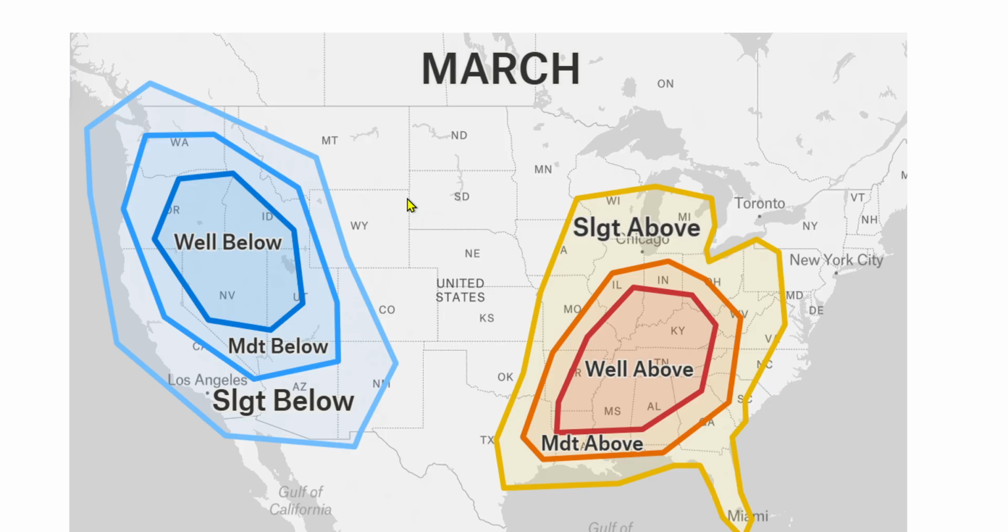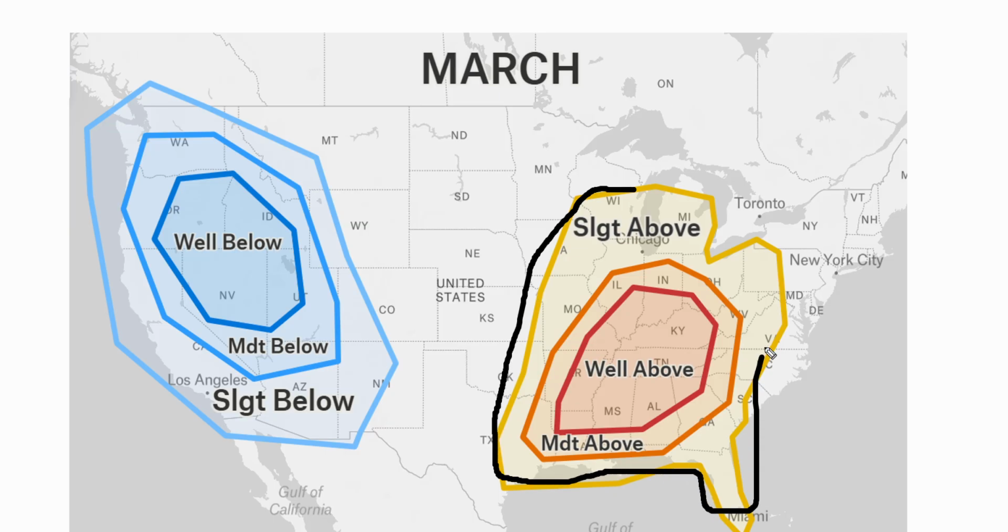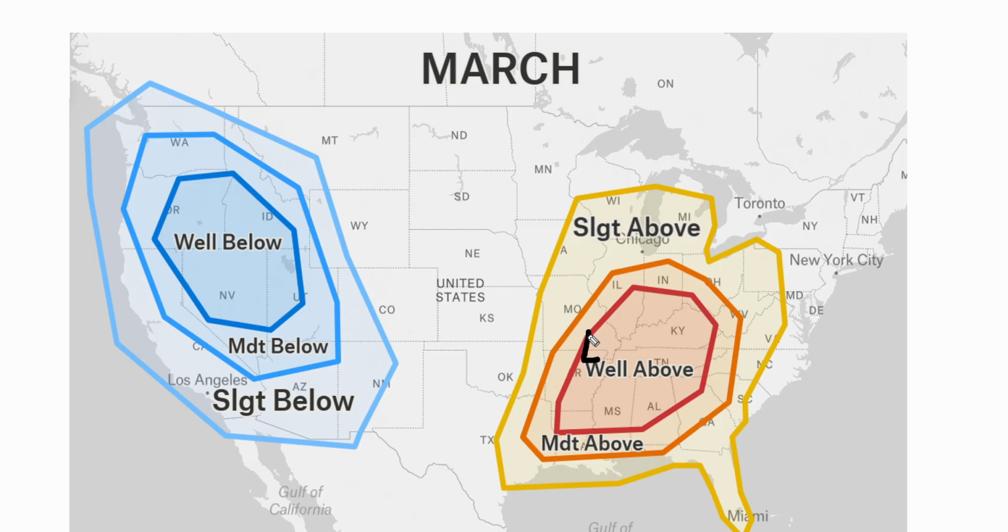Alright, so here we have my March severe weather outlook and tornado season outlook. I do have a lot of the eastern United States in a slightly above average. Now, this is explained by the above average Gulf of Mexico temperatures, which would allow for any severe weather setup with a warm front over top.